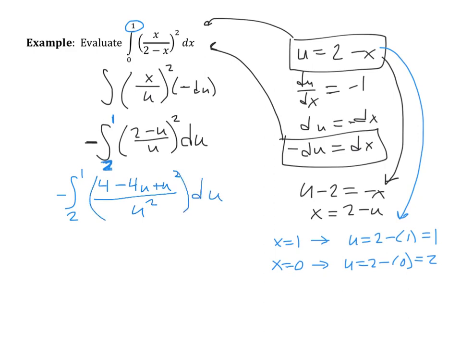And now I'm thinking, all right, this is one of those problems where I need to split it into multiple pieces. So this is going to be negative integral from 2 to 1 of 4u to the negative 2. That's this first one. And then minus 4 over u. That's this middle setup. And then at the end, I'm going to have plus 1 du.